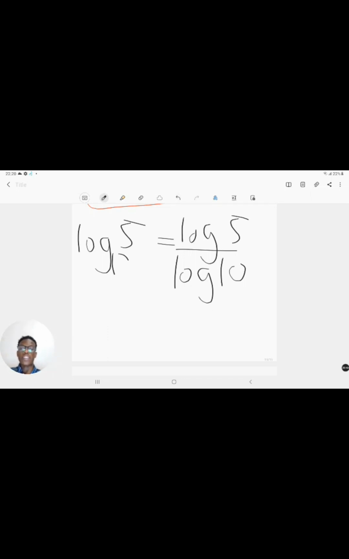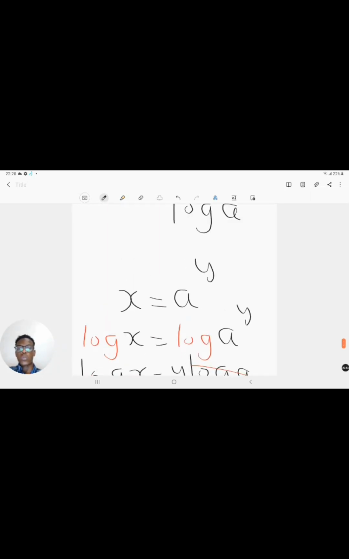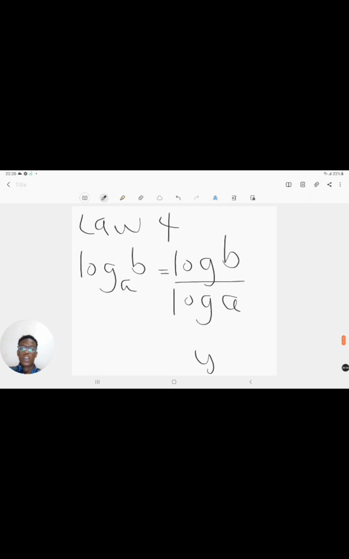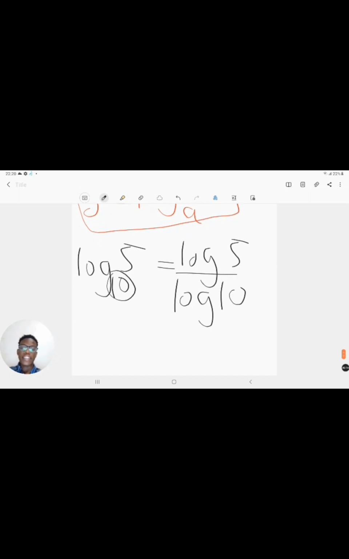So your base is 10, and according to law number 4, the base gets its own log and it becomes your denominator, and your number gets its own log and it becomes your numerator. That's exactly what we just did in this example. Your base is 10. It gets its own log and it becomes the denominator, and your 5 gets its own log and it becomes the numerator. Easy peasy, nothing complicated with that.